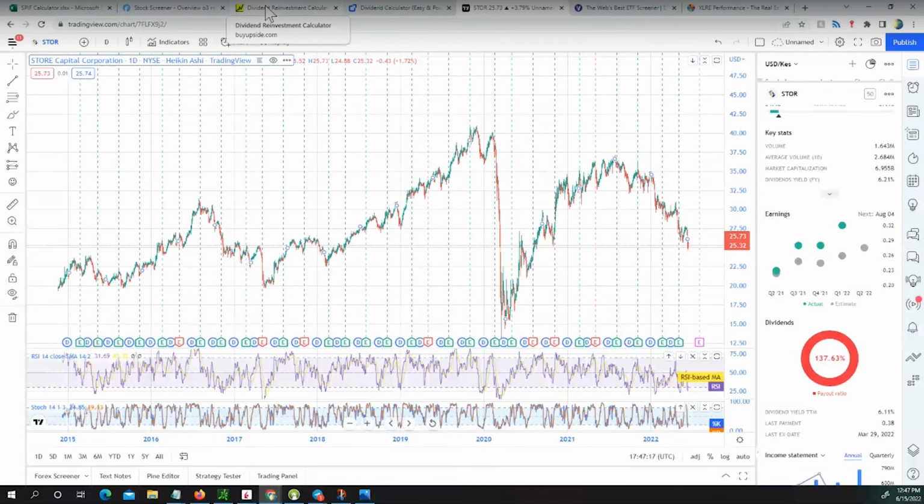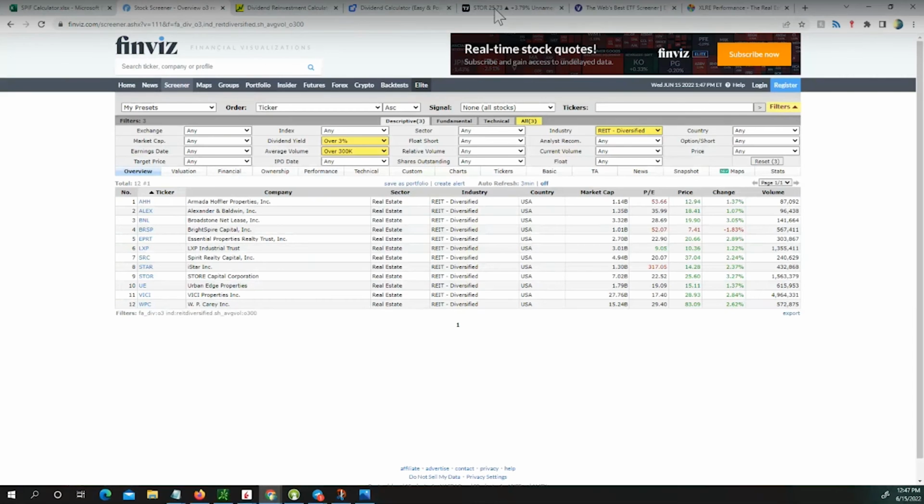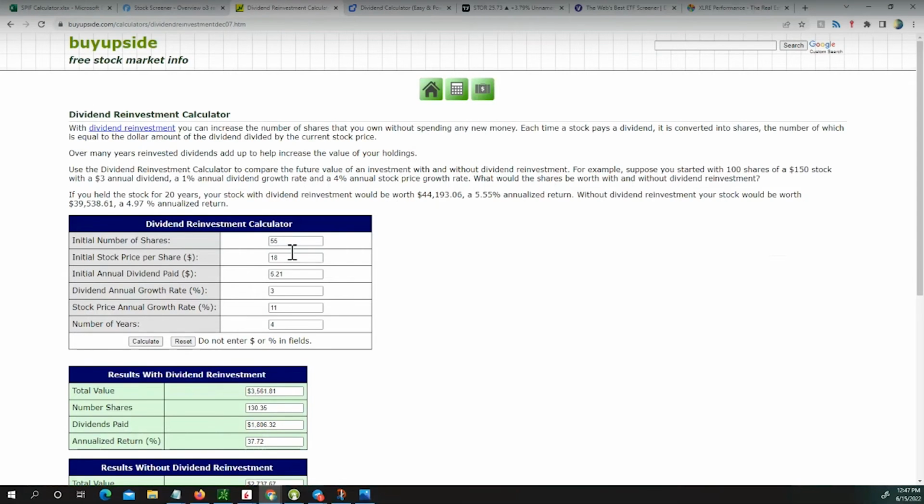If you want to do dividend calculation, what was this back in 2018, and the price of this was $24. So $24, you're trying to invest just $1,000.